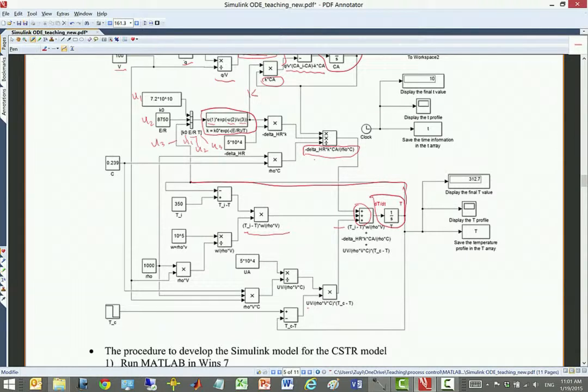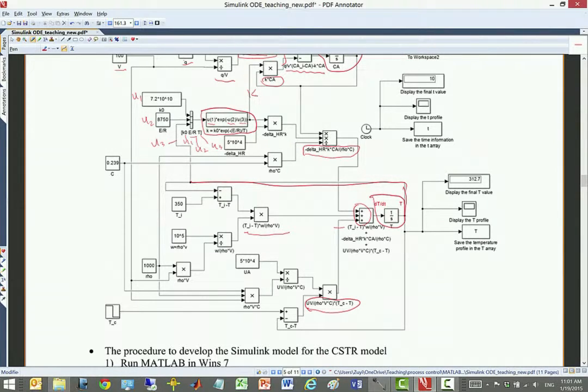The second term is minus delta HR times K times CA over rho times C. This third term here is UV over rho times V times C, times TC minus T.